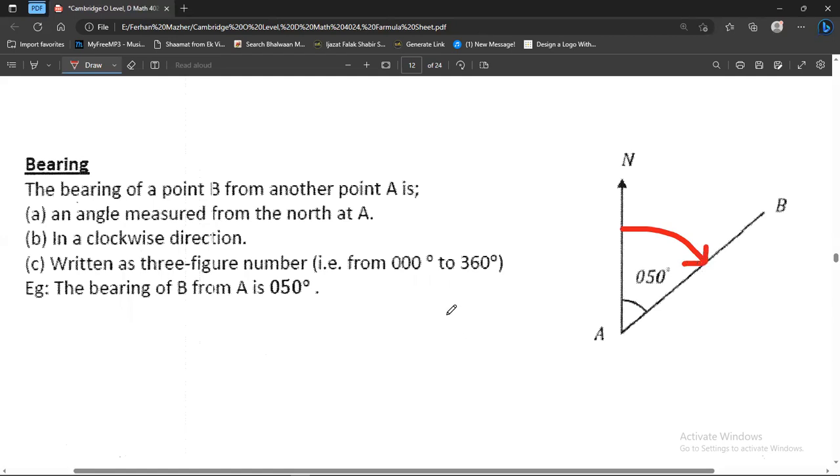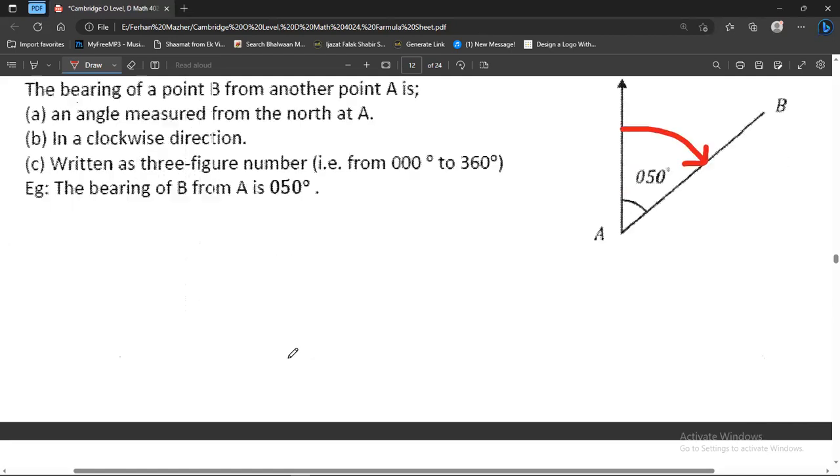Whatever is the angle formed, that is the bearing. It is very important that you go clockwise. It is written as three figures from 000 to 360 degrees. The bearing of B from A is 050 degrees.